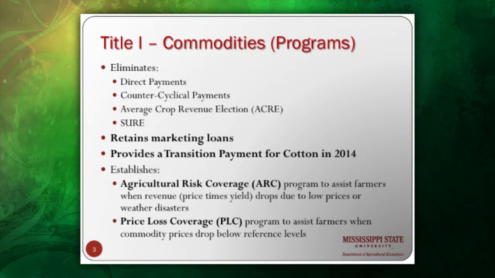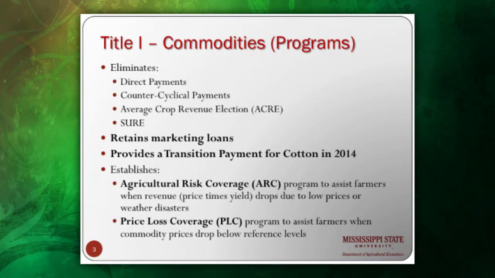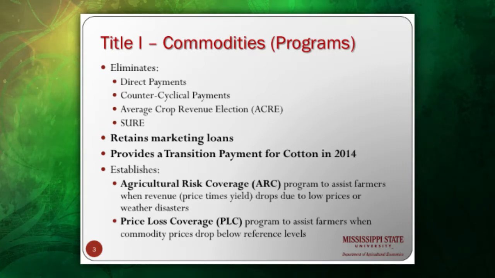and remain essentially unchanged. There is a transition payment for cotton producers in 2014 that will ultimately give a fixed amount of payment to producers in 2014 because the new program for cotton will not be in place until 2015.